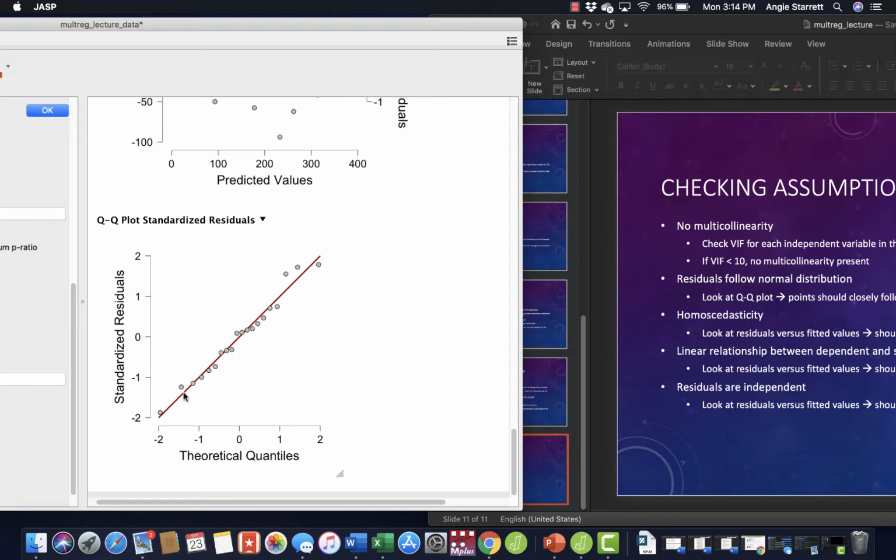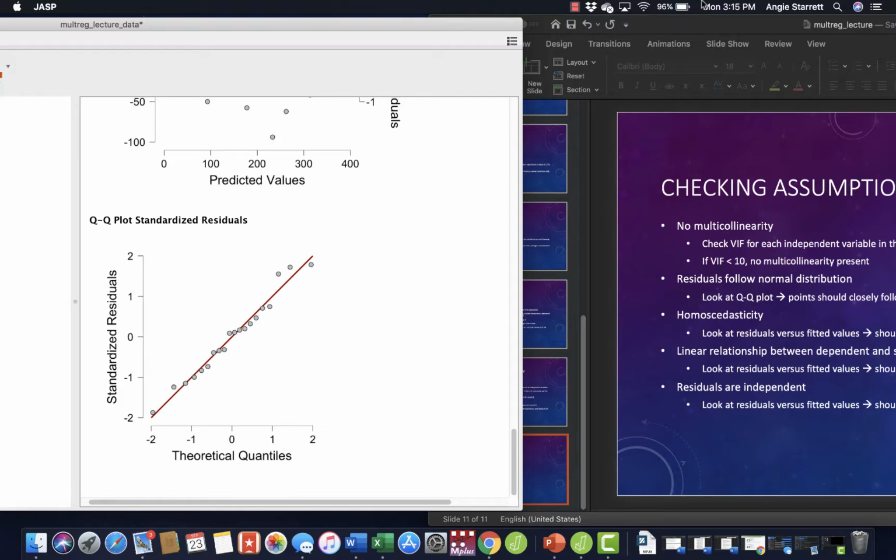What we want is for them to follow pretty close to this red diagonal line. We don't want to see a pattern. We don't want to see squigglies. What we see here is that our residuals are pretty close to our line. We don't see any residual that's way off, and so this looks good. We can probably assume that we've got our residuals normally distributed.